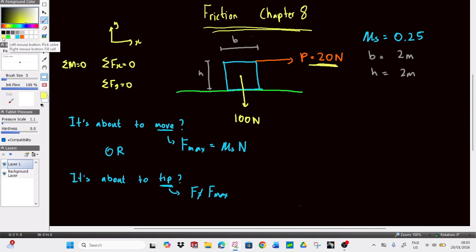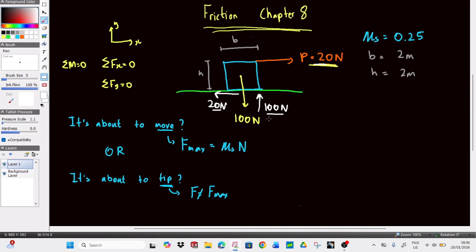So that's to say our frictional force, I'm going to put it in a different color, let me put it in white, is equivalent to 20 Newton. And our normal force exerted on this box is 100 Newton, because summation of Fy equals 0 is pretty straightforward.